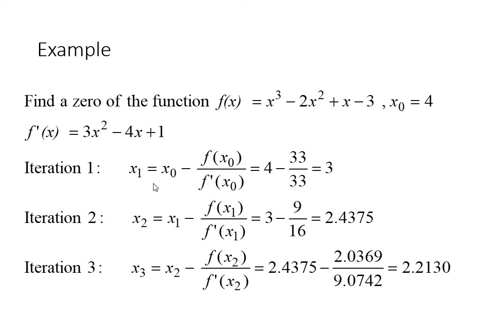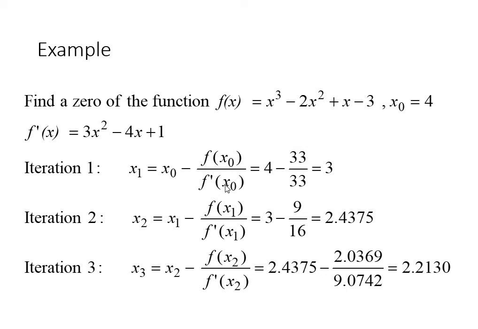And this is equal to x0, which is 4, minus the function f of x evaluated at this x naught. So substitute here by 4, substitute there by 4, substitute there by 4. Satisfy yourselves that you get this value, 33.